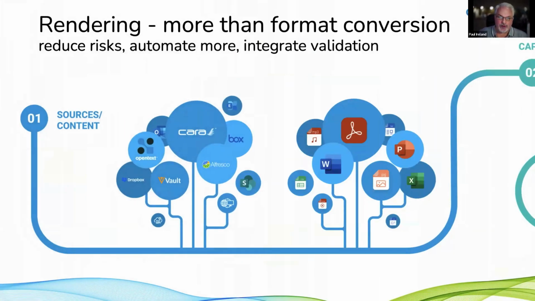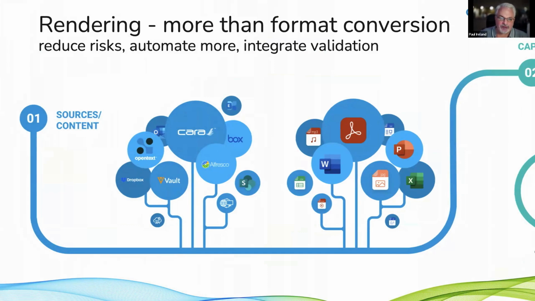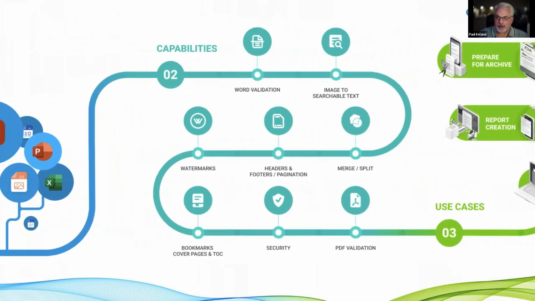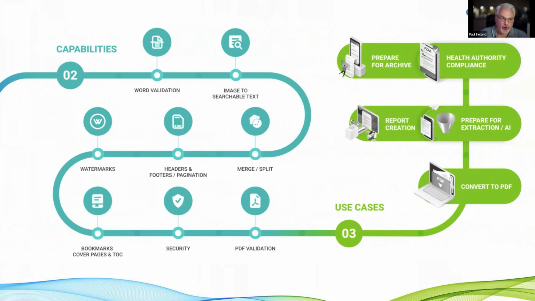So we're going to focus here on the rendering platform itself. In our case, DocShifter, where ultimately we can take content from any repository, basically just about any file format, over 200 different file formats, and perform different functions on that content. We have different sessions focused in more detail on some of these capabilities.